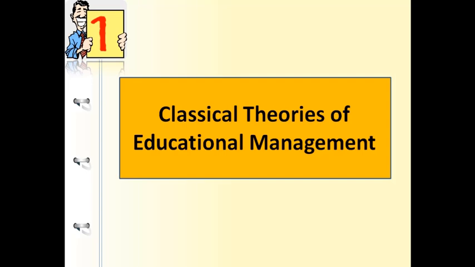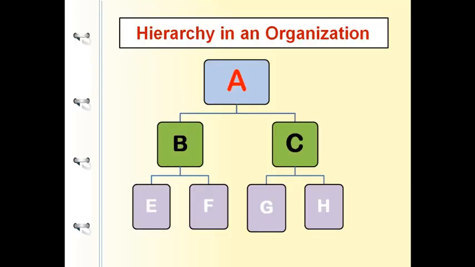The first theory is classical theories of educational management. Now, see this figure. In this figure, you can easily see hierarchy in an organization. What is hierarchy? Hierarchy is a system in which members of an organization are given different ranks according to relative status or authority.